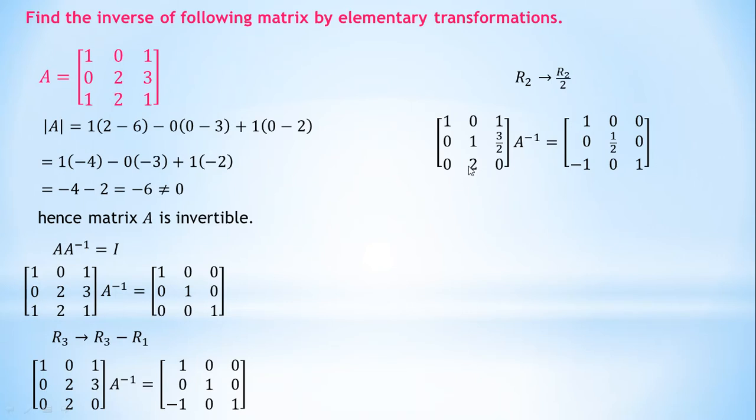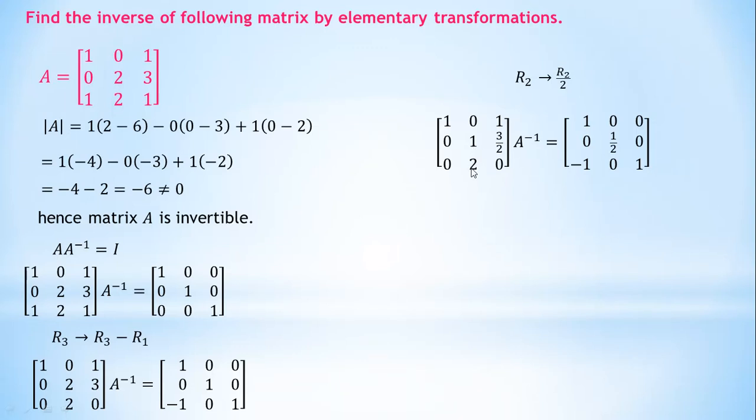Now to get 0 here, we have to use row number 2, not row number 1, because if you use row number 1, then this will change. Just think about this. So strictly we have to use row number 2.